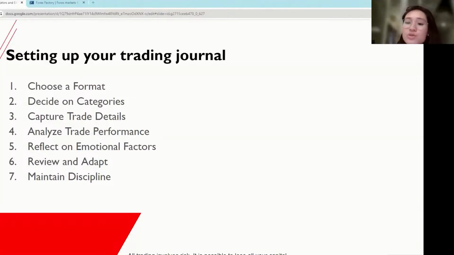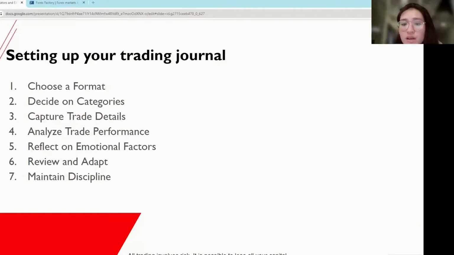You might also choose to include trade rationale, market conditions, and emotional state. Capture trade details, which basically means recording any relevant information and being consistent and diligent in entering the details accurately and promptly after each trade.